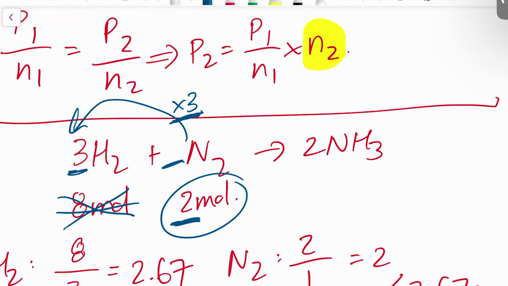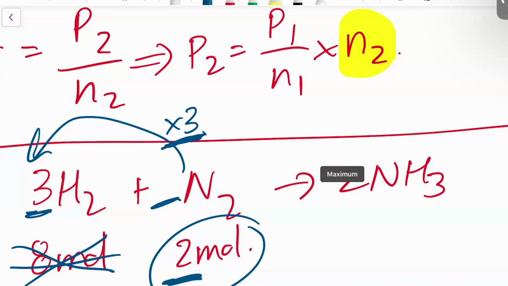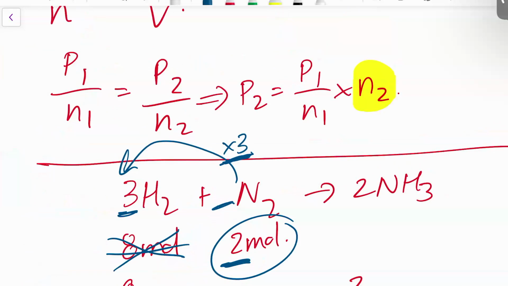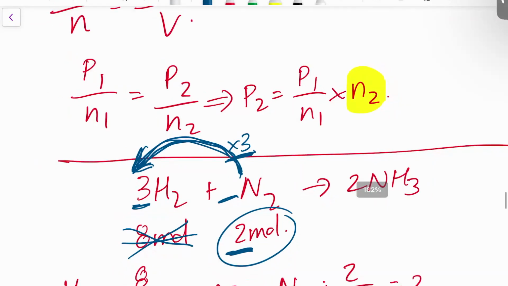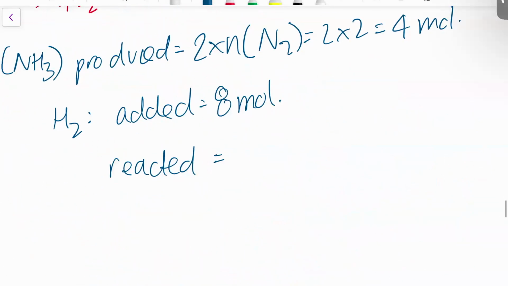I just care about the 2. 2 times 3. You're going to the 3, guys. You're going this way, yeah? Be careful. Don't lose your basics as we do the harder questions. 6, good, you're timesing by 3. Okay, so reacted is 2 times the moles of N2 is 2 times 3 is equal to 6 mole.